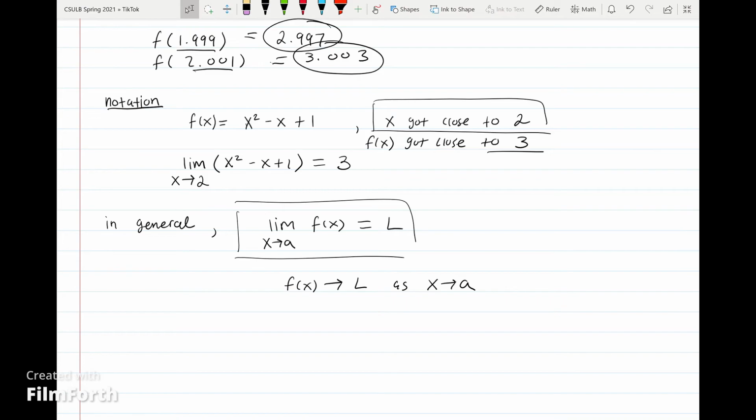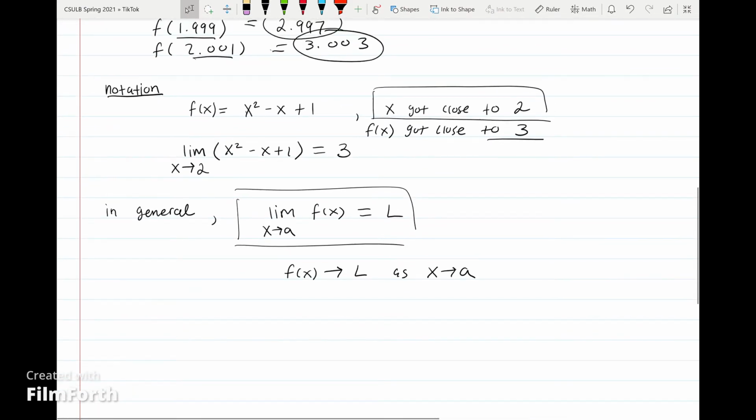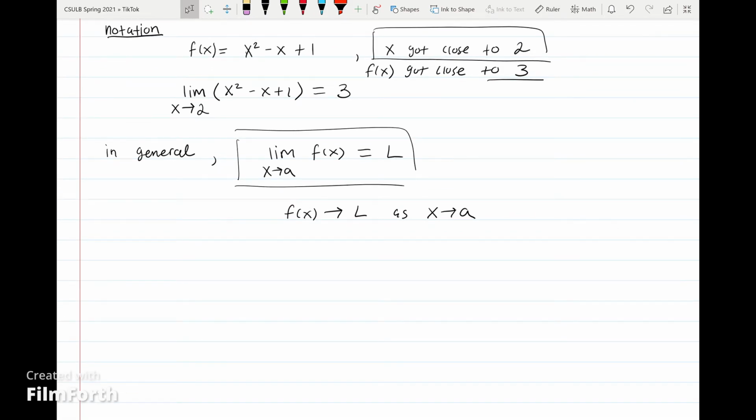So where was I? Oh yeah, so what you'll see a lot is when we deal with something like the limit as x approaches 2 of x squared minus x plus 1, like you saw me, I plugged in values close to 2 into my function, right?